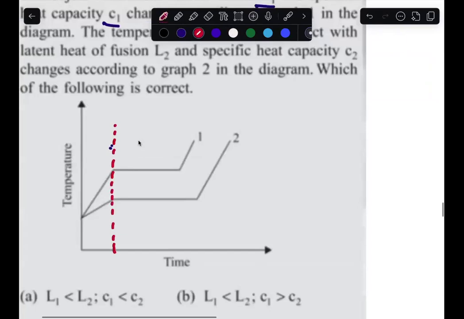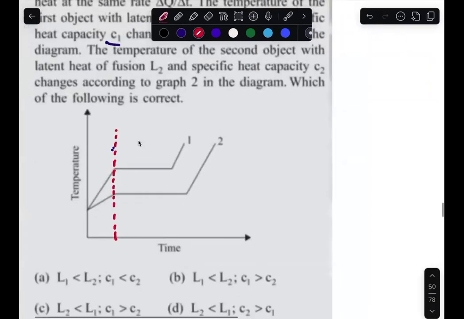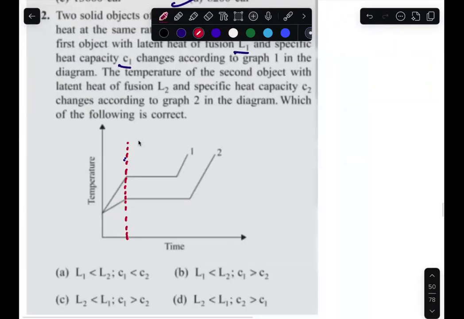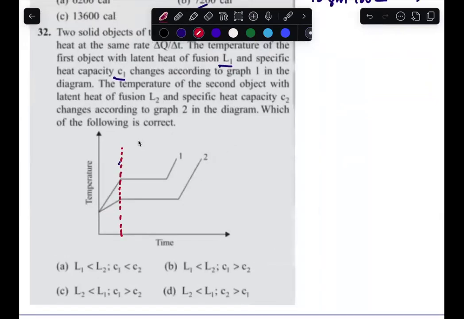So there, even though they took the same quantity of heat, the slope is less for 2 when compared to 1. What is specific heat? It is nothing but delta Q by m times delta T. This is the temperature difference.